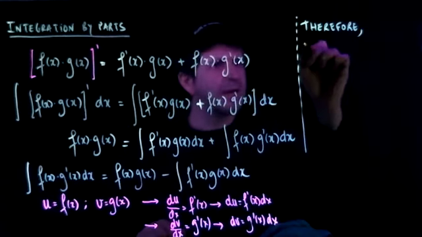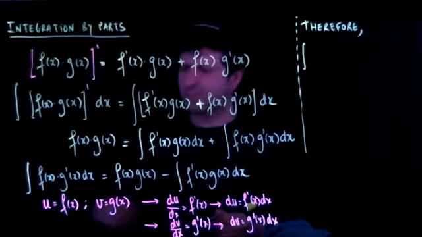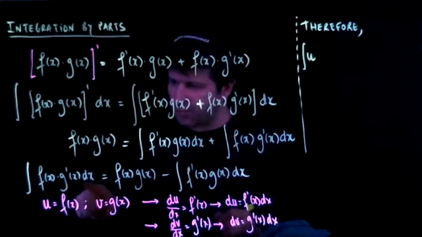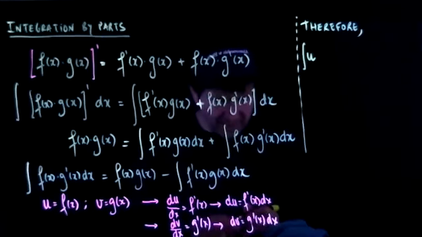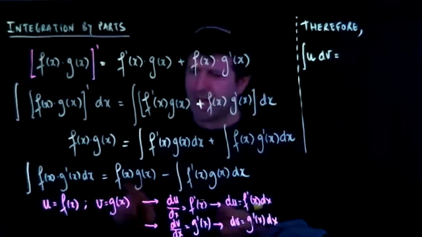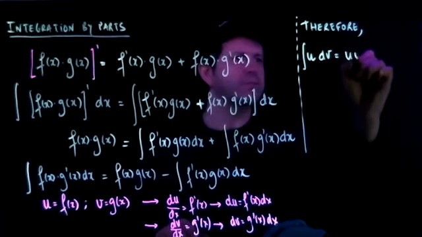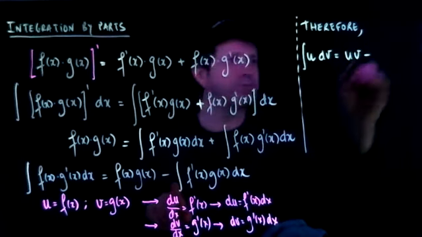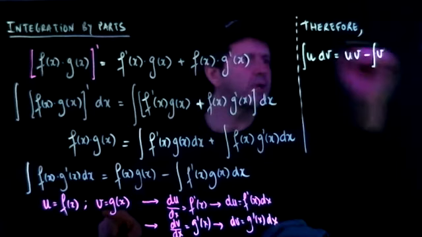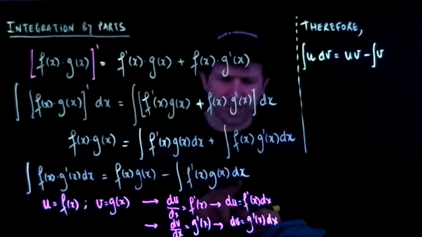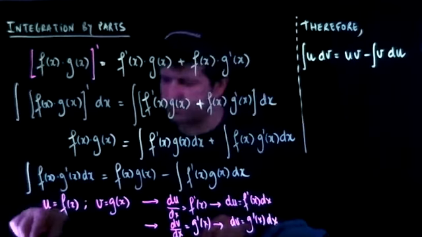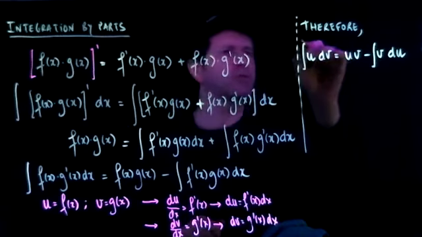Let's write the antiderivative of f of x, which we call u, times g prime of x dx, which is dv, is equal to f times g, which is uv, minus the integral of g, which is v, times f prime of x dx, which is du. There you go. This is the integration by parts formula right here.